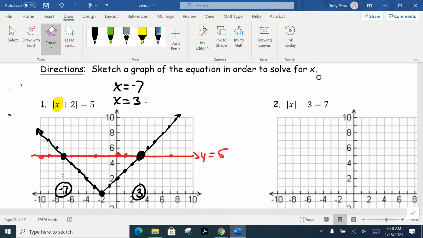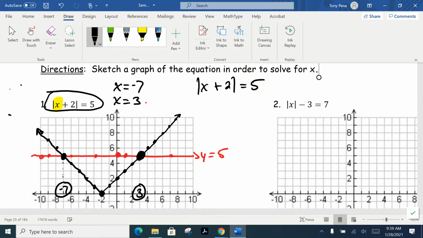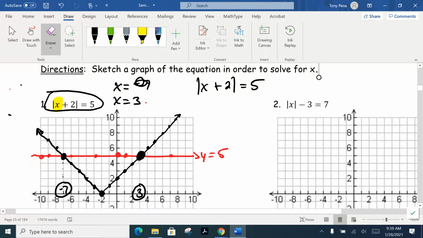Just like any equation you have solved in your life, you can always test this, right? So let's test this. Let's take this equation here: the absolute value of x plus 2 equals 5. Let x be a -7 at the beginning.